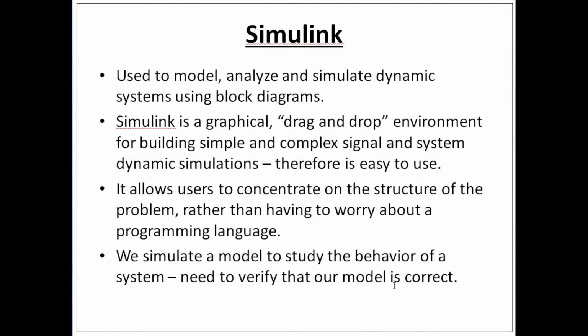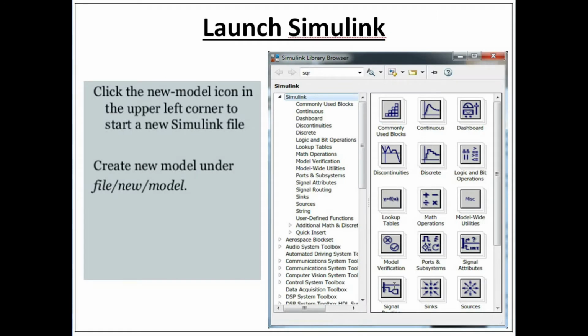So now, how to launch Simulink? Click the new model icon. Whenever you open MATLAB, a new model icon will be there. You just need to open that new model icon. It will appear in the upper left corner, as mentioned here, of the Simulink file.